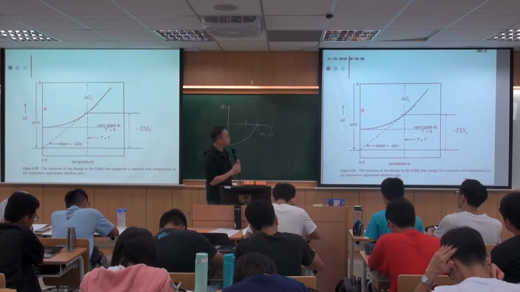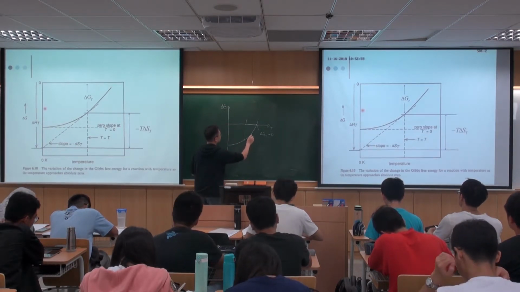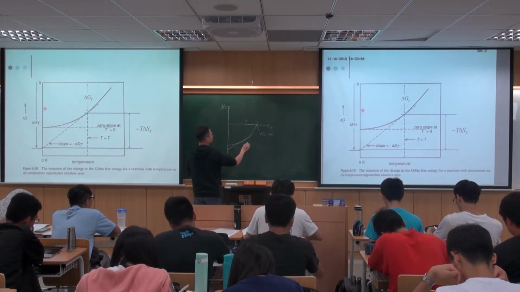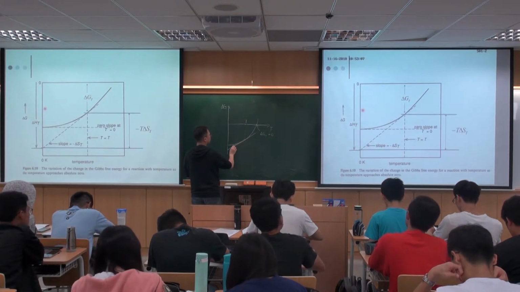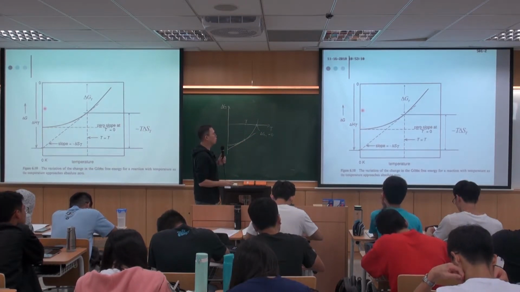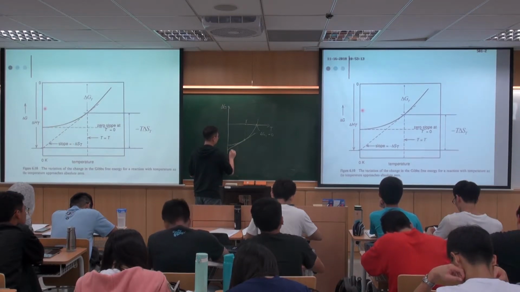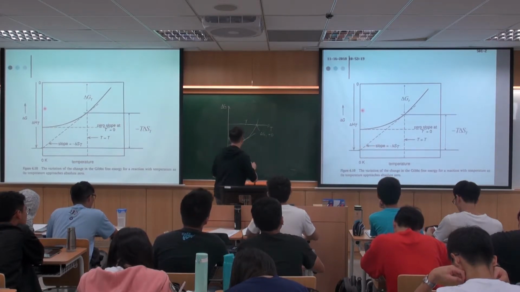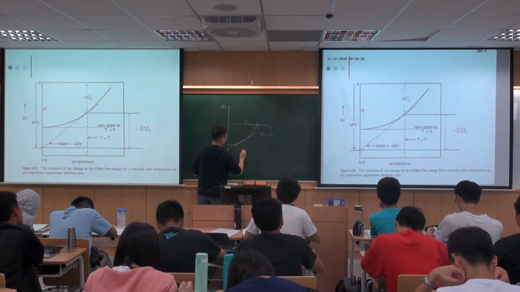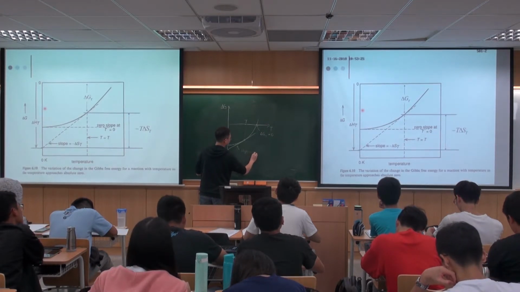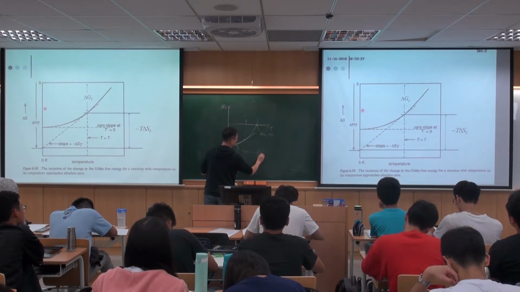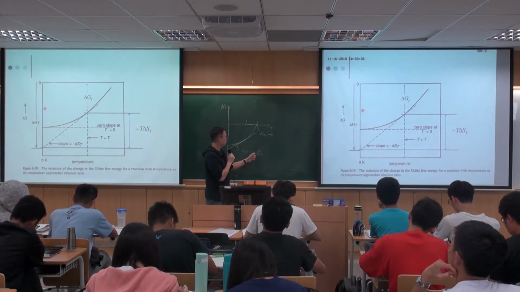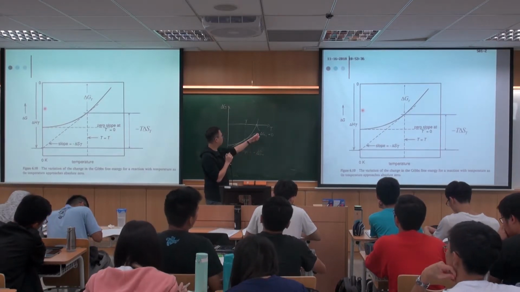And for this point, we know that there's a tangential slope which corresponds to the slope being minus delta S(T). So at this temperature, the delta S will be the slope of this one.